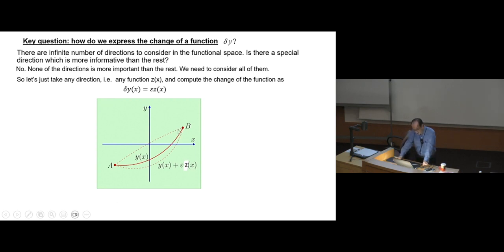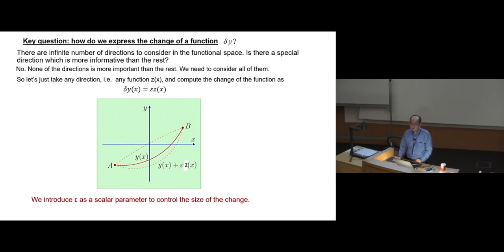So let's say this y of x is the function. I want to change it, and epsilon will control the size. Here epsilon is small, so it's a small change from the original one. If epsilon is big, then I have a bigger change. So we introduce epsilon as a scalar parameter to control the size of the change.